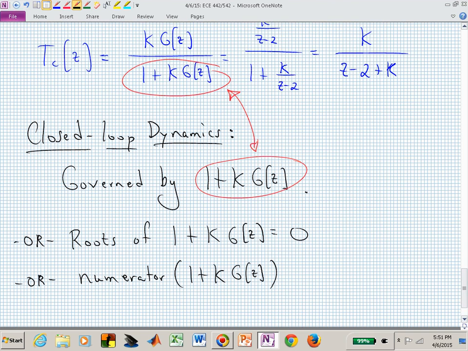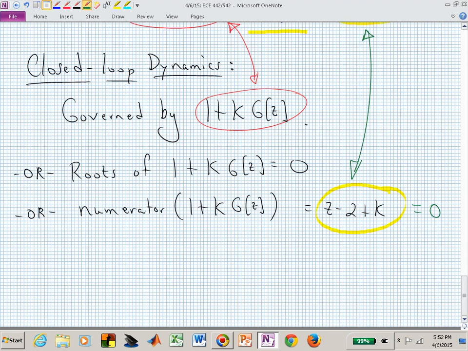The numerator of that is this, so I now have z minus 2 plus k. I'm almost out of ink on the highlighter, so I'll reduce the ink there and say now this is equal to 0.